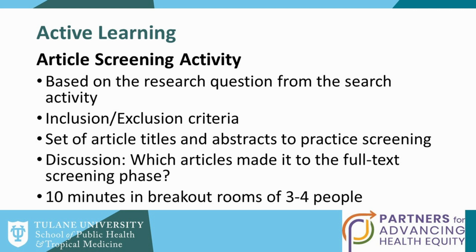So if your group wants to go through it together, it's not a large number of articles, and you can say yes, no, and discuss which articles made it to the full text screening phase. You can do it together, you can split it up and come back together and review, and we'll be doing 10 minutes, and I think it'll be a great learning experience. And don't worry about getting through all of them.